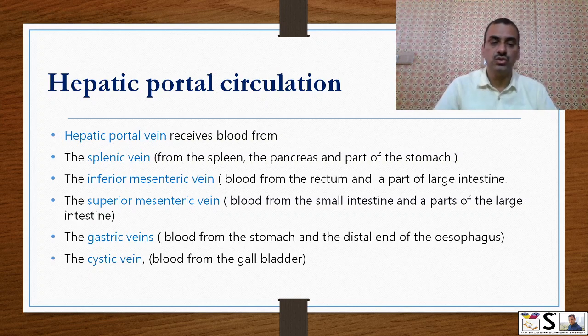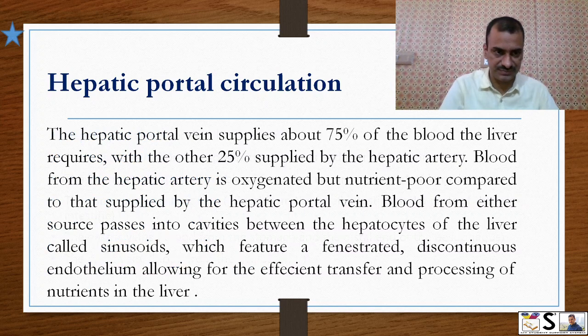The superior mesenteric vein collects blood from the small intestine and a part of the large intestine, containing a lot of nutrients. Gastric veins bring blood from the stomach and the distal end of the esophagus. Then the cystic vein brings blood from the gallbladder. So they all come and join to make the hepatic portal vein, and this vein takes blood to the liver.